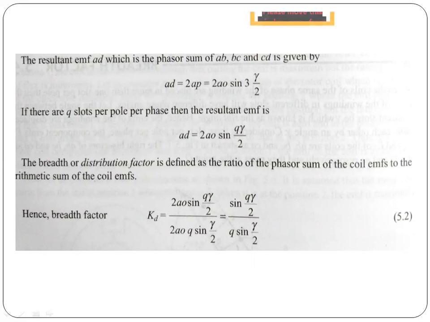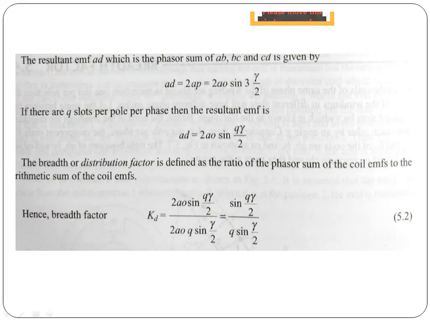The breadth or distribution factor is defined as the ratio of the phasor sum of the coil EMFs to the arithmetic sum of the coil EMFs.